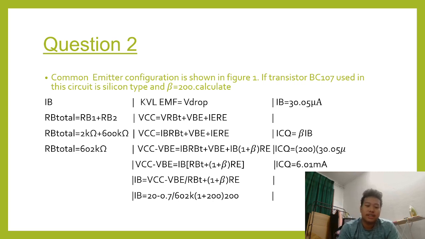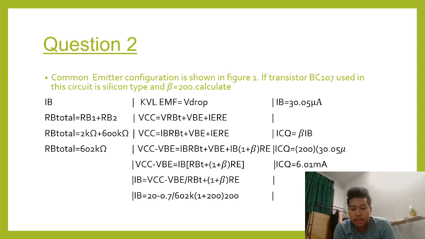So the formula is IB equal to VCC minus VBE divided by RB total plus (1 plus beta) RE. So IB is equal to 20 minus 0.7 divided by 602 kilo ohms plus (1 plus 100) times 200. So the answer is IB equal to 30.05 microampere.